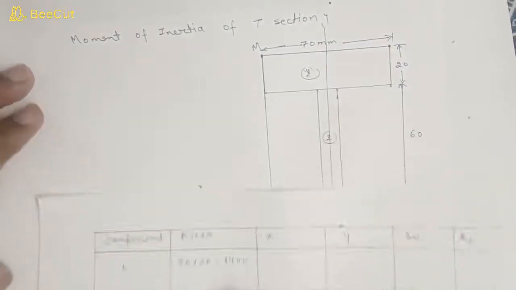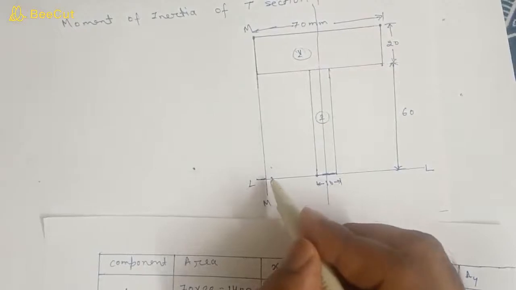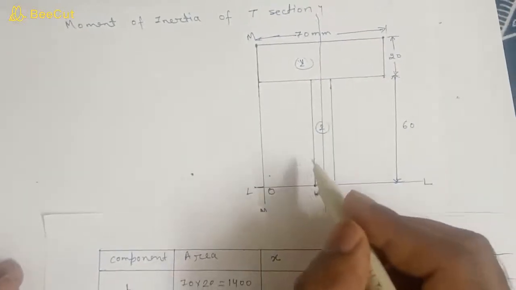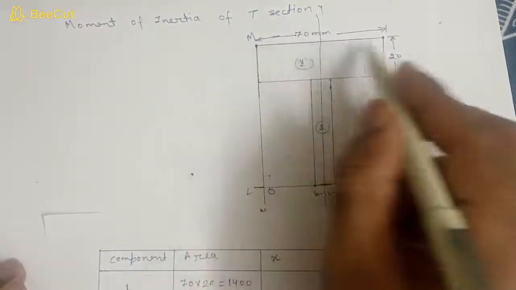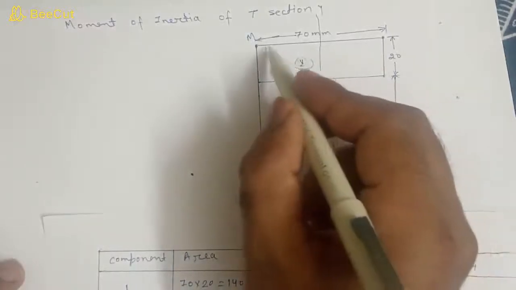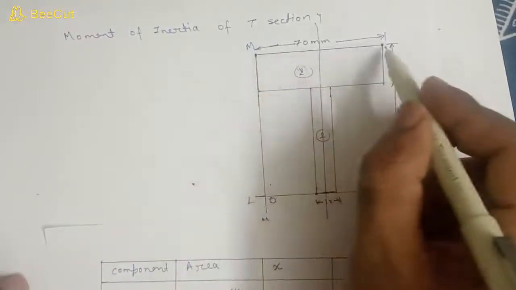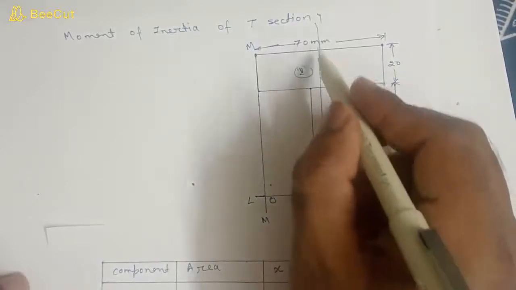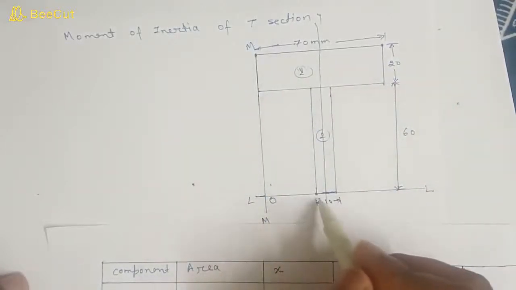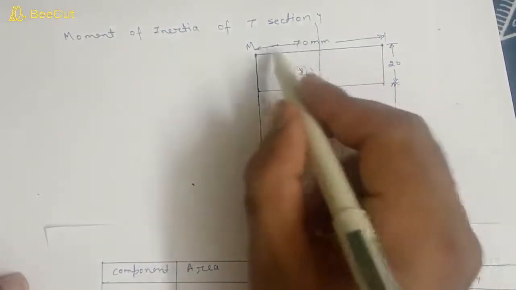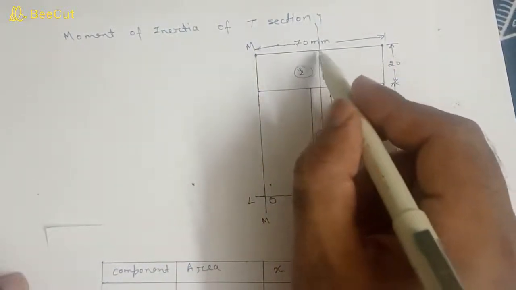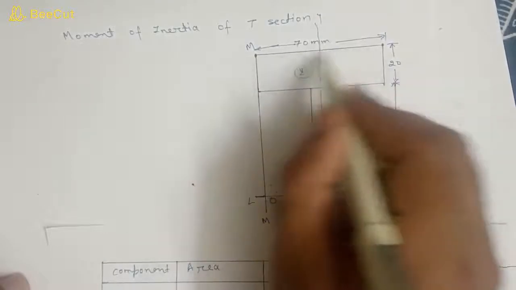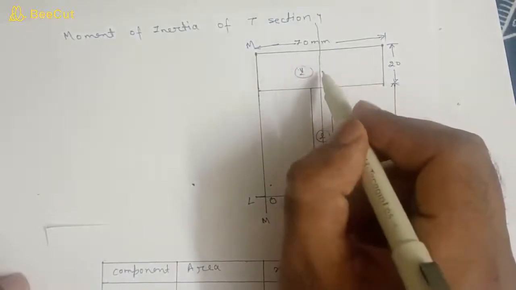Now from this origin, what will be the centroidal x coordinate of this section 1? Its centroid will be located in the center, at the midpoint of this rectangle. This 70 is the total width, so at the middle of this width its centroid will be located.